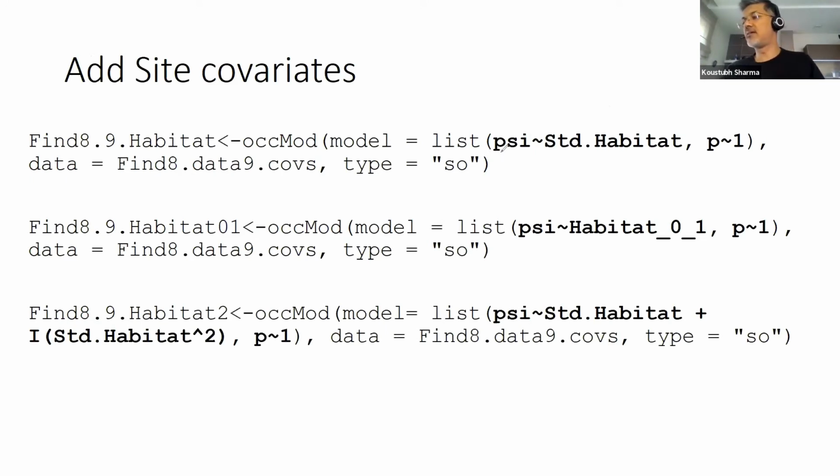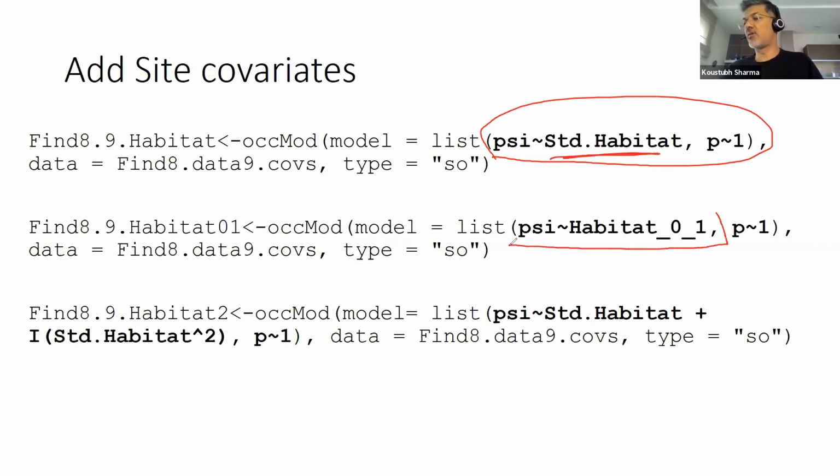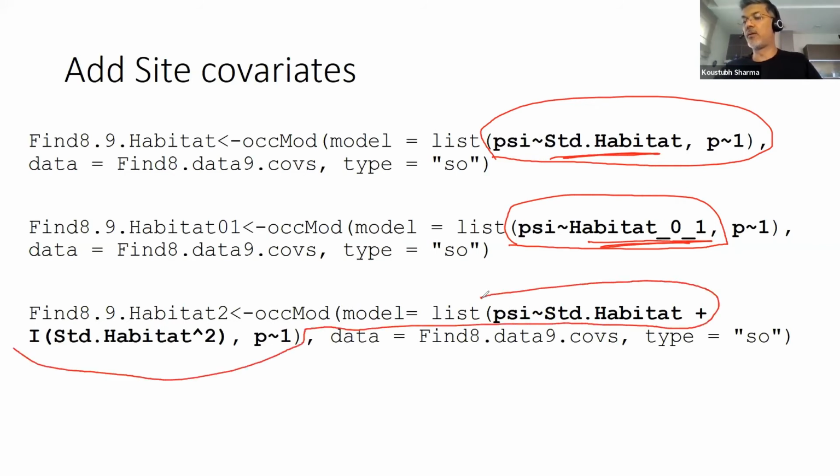The only difference here is that we are formulating it like this: psi is a function of binary habitat, which is zeros or one, or this one, a slightly more complex one, and this is primarily for you, Chloe, when you mention, what if the relationship is not linear?